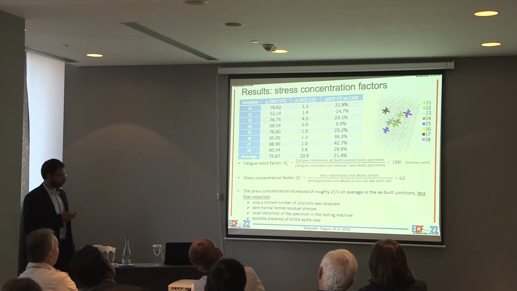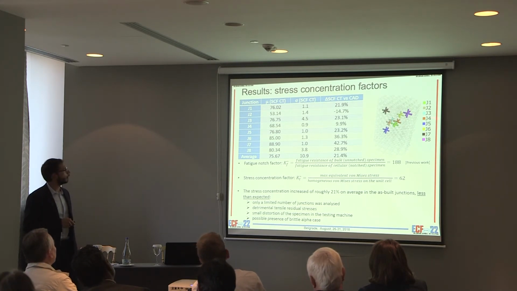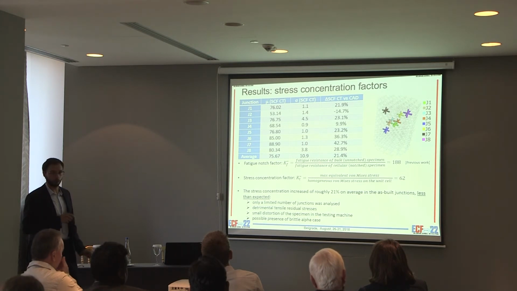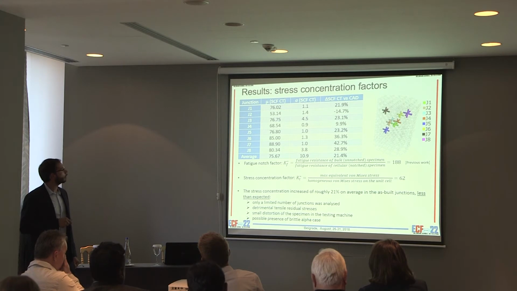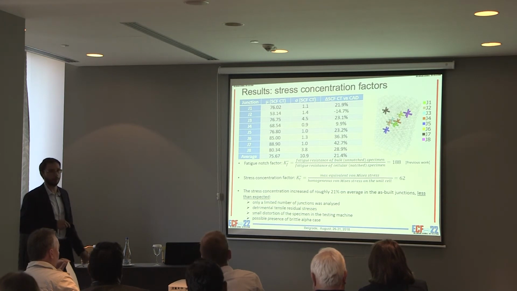Regarding the stress concentration factor, which I also evaluated from the real junctions, I compared this value with the stress concentration factor calculated from the CAD model, and in general I observed an average of 20% increase in the stress concentration factor with respect to the nominal.